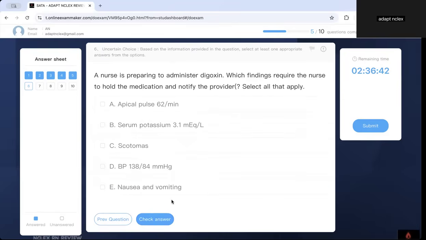Same strategy, select all that apply. And then she's preparing to administer digoxin. This is digoxin toxicity. Which finding requires the nurse to hold the medication and notify the provider? Medication administration safety on digoxin, the same thing. Safety, hold the medication, let the doctor know. This is what? Rescue thinking. You don't want to give the medication and cause a problem.